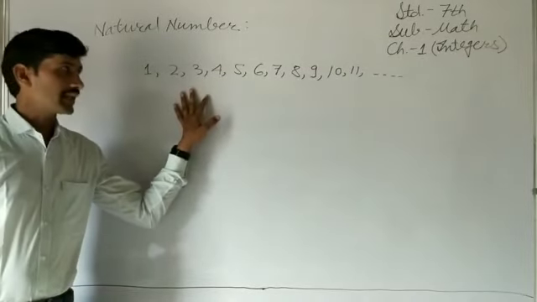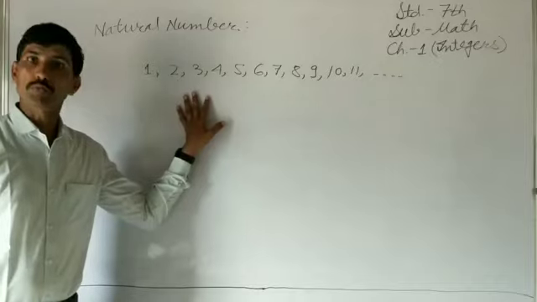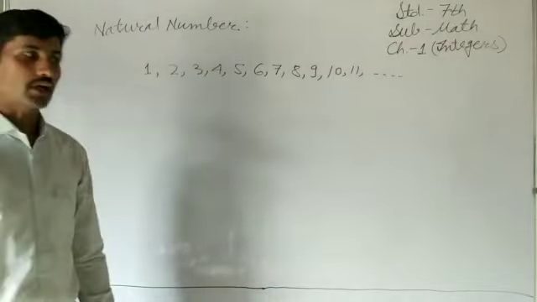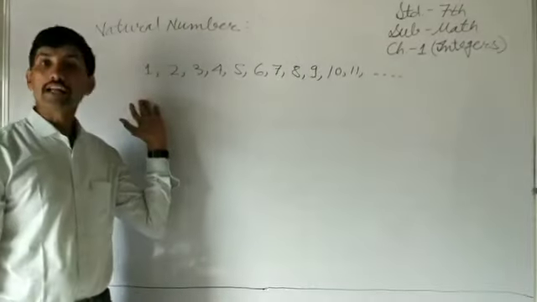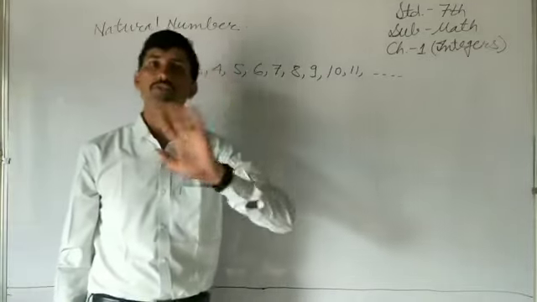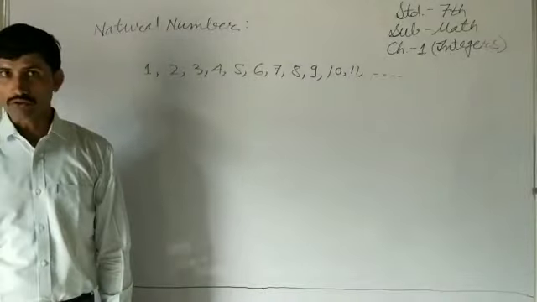Most of the time, whenever we count whatever objects or human beings, we use these numbers. For example, suppose we want to count how many students are in your standard, then we will say there is one child, there are two students, three students, four students or whatever, or there is no student. That's why we call them counting numbers also.